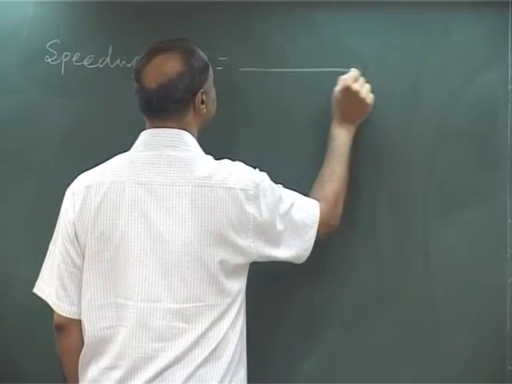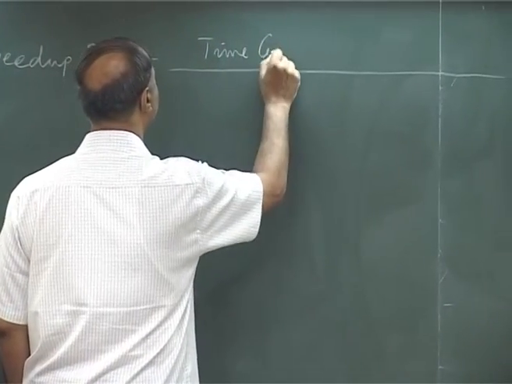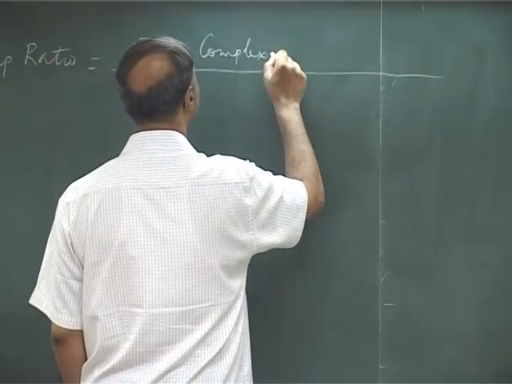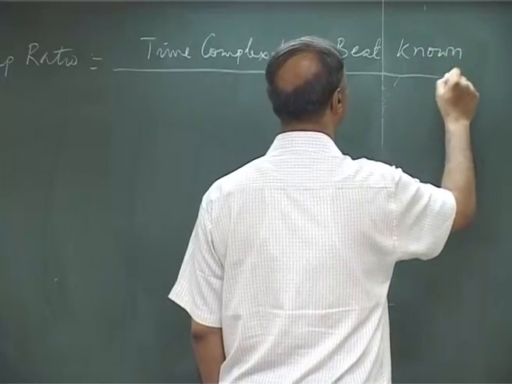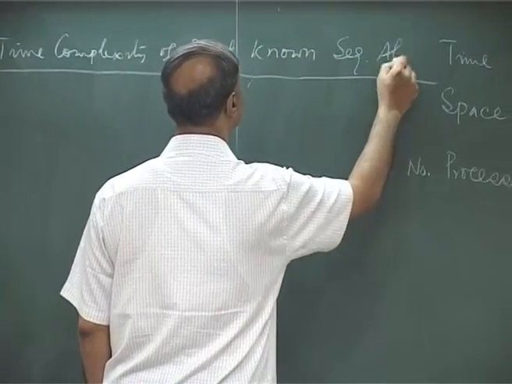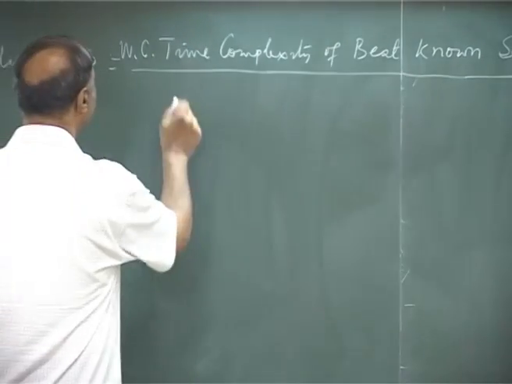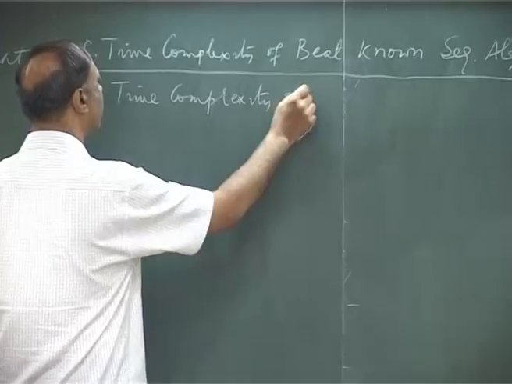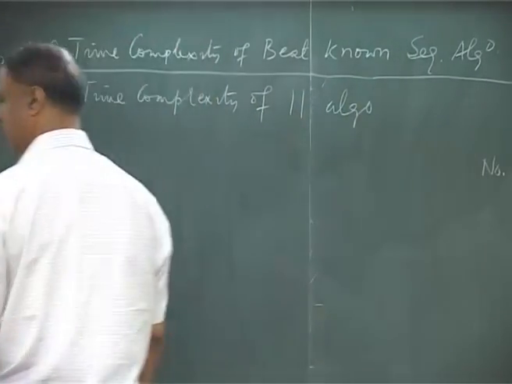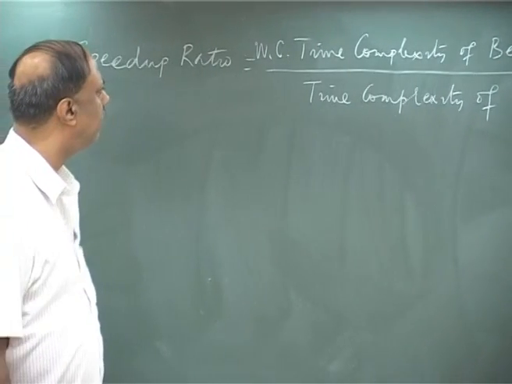It is defined as the worst case time complexity of the best known sequential algorithm divided by the time complexity of the parallel algorithm. So the more the value of speed up, the better is your algorithm. Agreed?